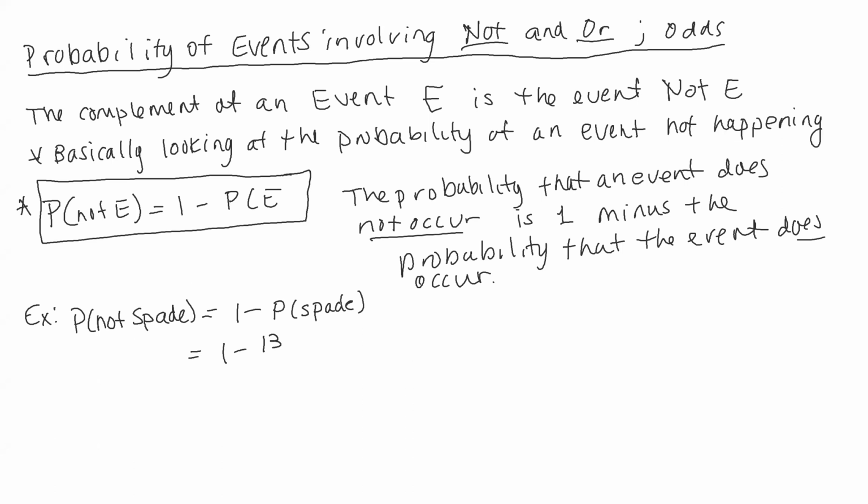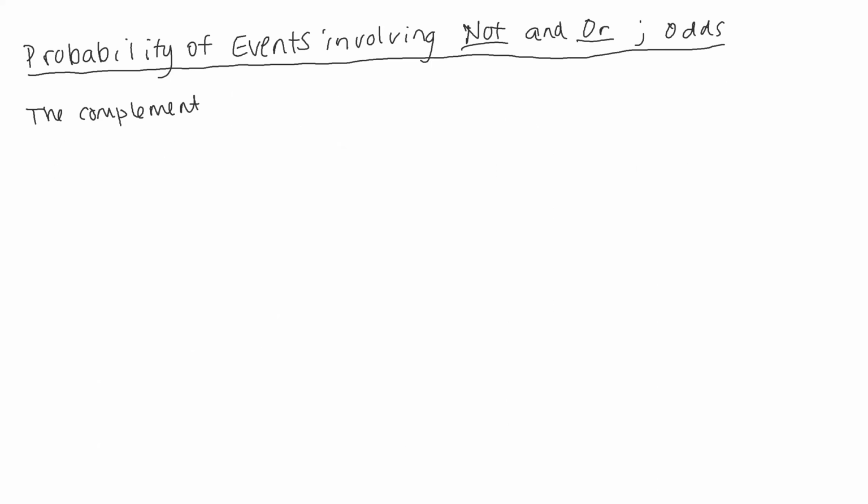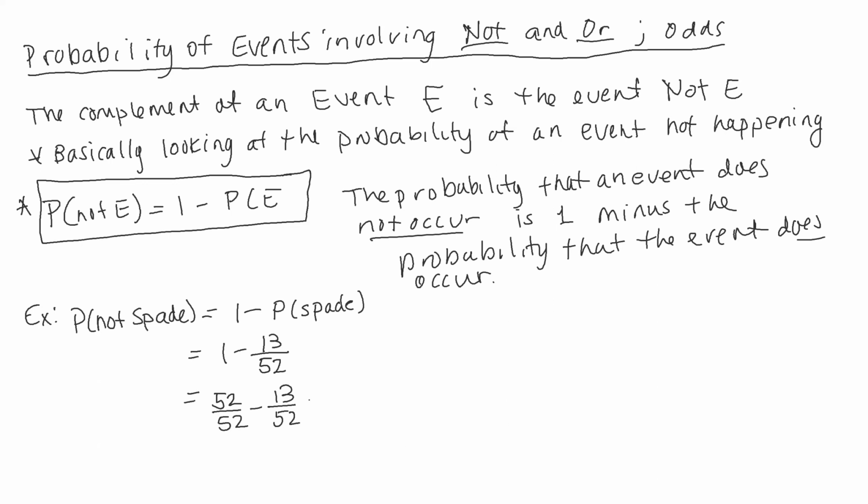So the probability that you are dealt a spade would be 13 out of 52. So we're basically taking 52 over 52 minus 13 over 52. And so that would give us 39 over 52, or 3/4. And that kind of makes sense. If 1/4 of the deck is a spade, then that would mean 3/4 of the deck is not a spade.